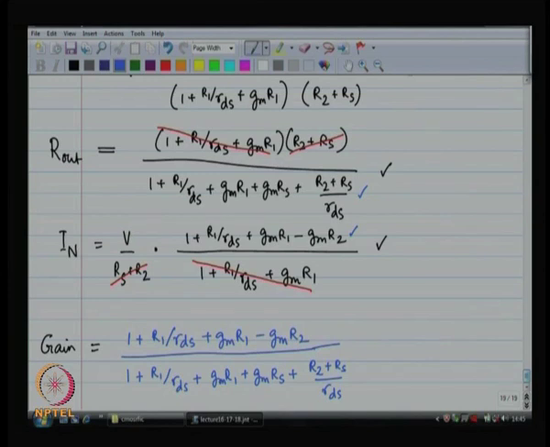Let us say that RDS is very large, that is my first approximation. So if RDS is very large, then what we are going to get is the following.